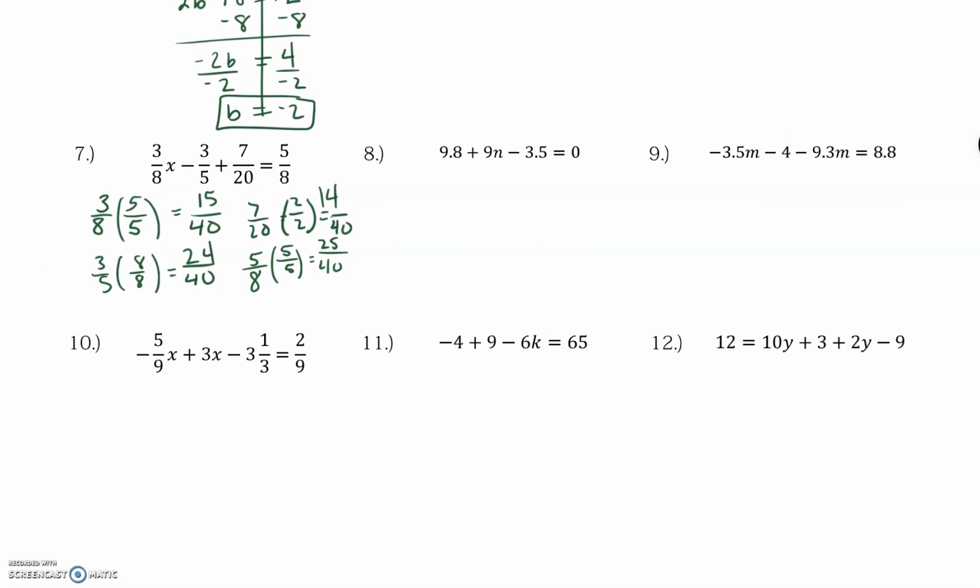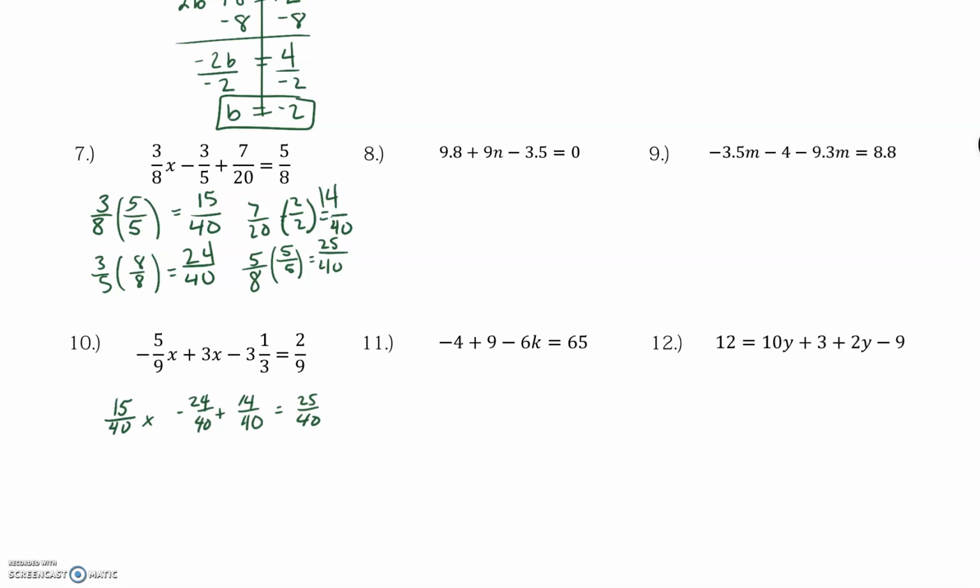All right, I'm going to rewrite this equation with our new fractions down here at the bottom. Oh, sorry, I was looking at the original one. 24/40 plus 14/40 equals 25/40.